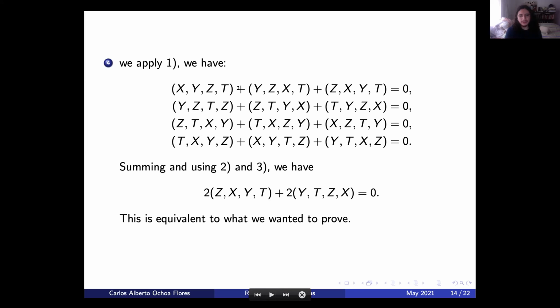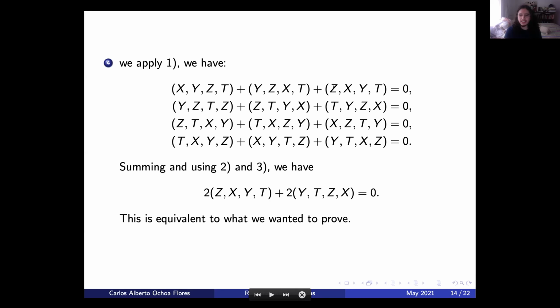Okay, so we take these 4 versions of the Bianchi identity and we add them up and use the other 2 formulas that we have to put terms together.